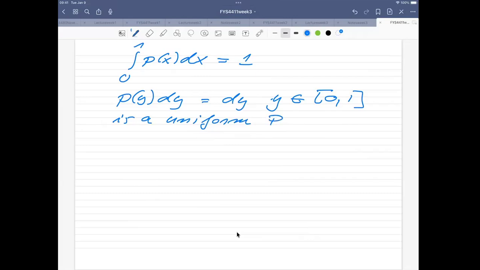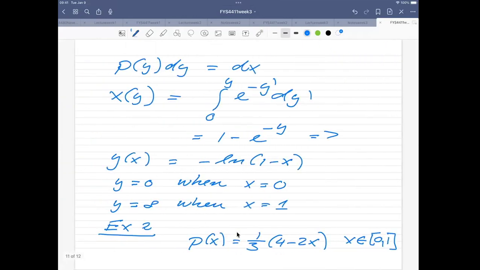I use the acronym PDF, which is a probability distribution function. And then I know that I can sample these variables y from the uniform distribution. Now, what I can do is the same exercise which I did before with the exponential distribution.